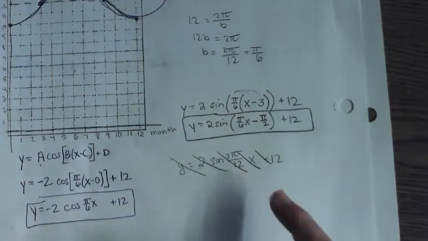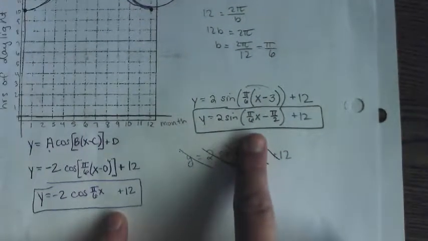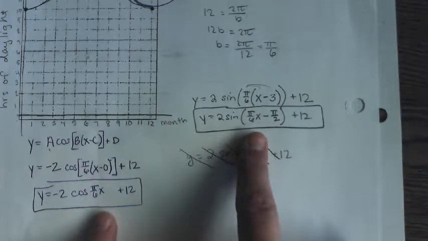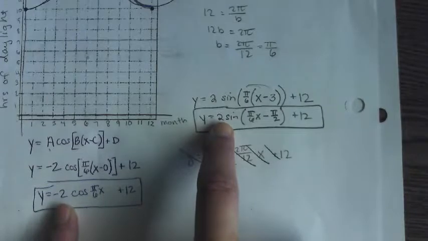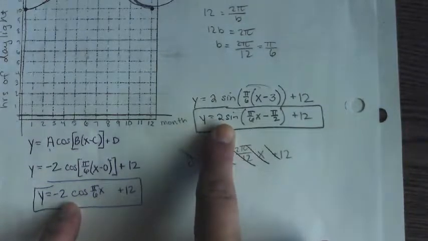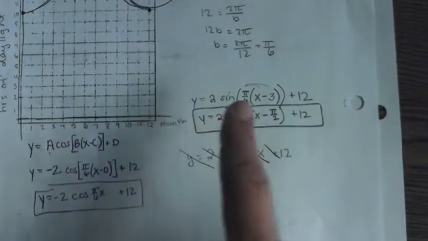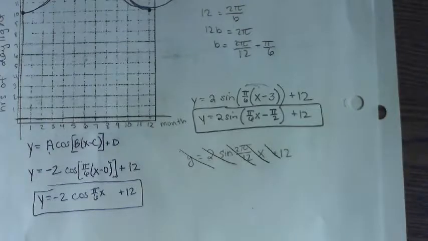So if we type those in, they will coincide on a graph because they are the same thing. The absolute value of A, otherwise known as the amplitude, does not change. Whether or not one's a negative, one's a positive, obviously that can change. The B value is also not going to change, but whether or not there's a phase shift does, and the midline does not change.